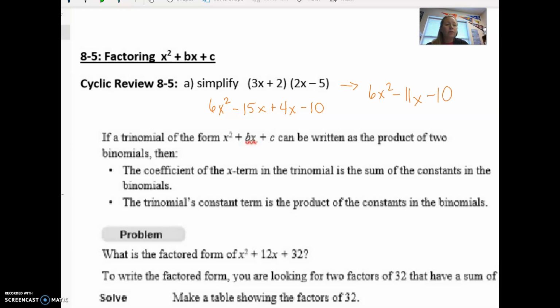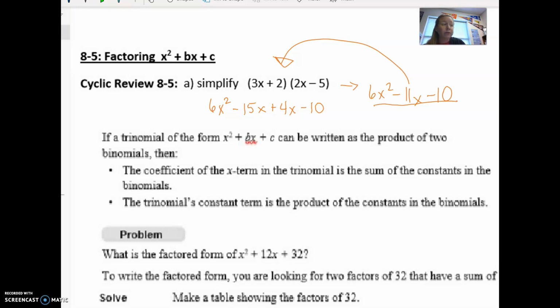Now think about doing the reverse of that process. So think about going from our answer and going back to the binomial times the binomial. And that is what we're going to start working on for the next several lessons.